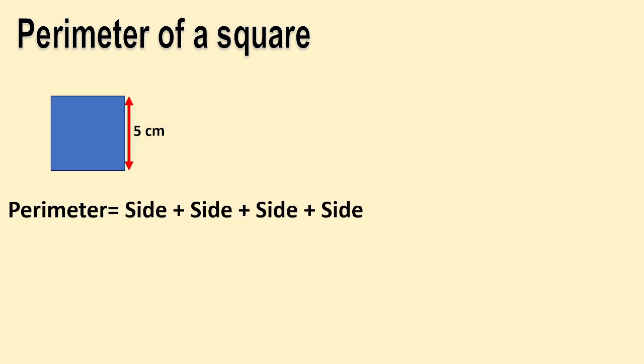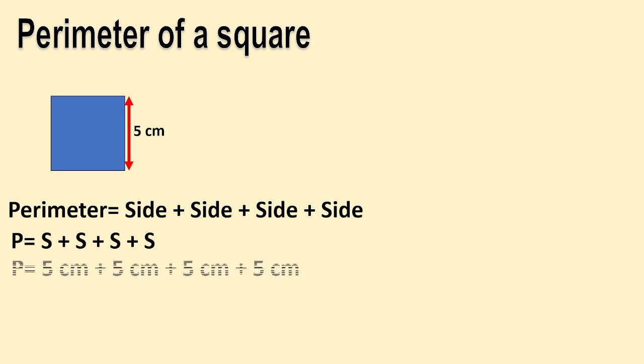Perimeter equals side plus side plus side plus side, or P equals S plus S plus S plus S. Now, we are going to write 5 centimeters plus 5 centimeters plus 5 centimeters plus 5 centimeters. So 5 plus 5 plus 5 plus 5 equals 20. So the answer is 20 centimeters.